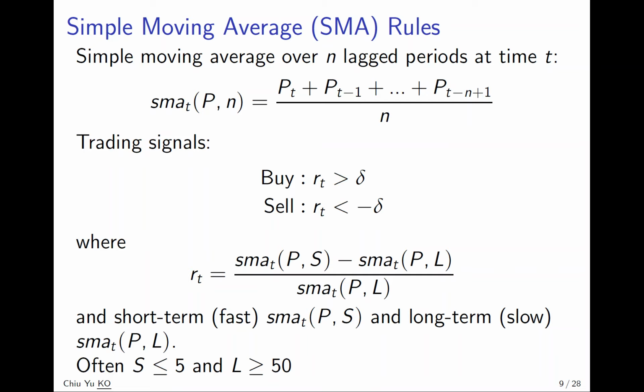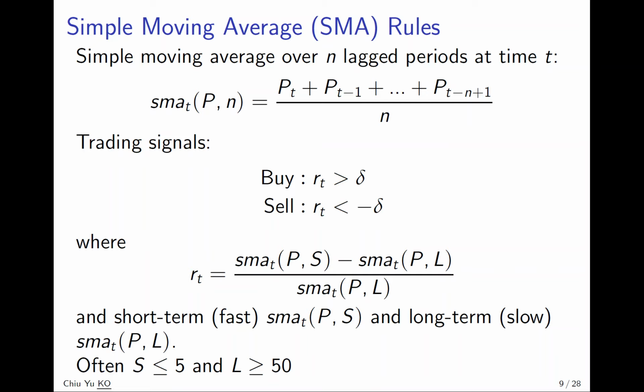In the filter rule, the short run is today and the long run is yesterday. Now we get a more elaborate version. We don't use today's price but a shorter run average, and we don't use yesterday's but a longer run average. Usually the short run is 5 days and the long run is more than 50 days.